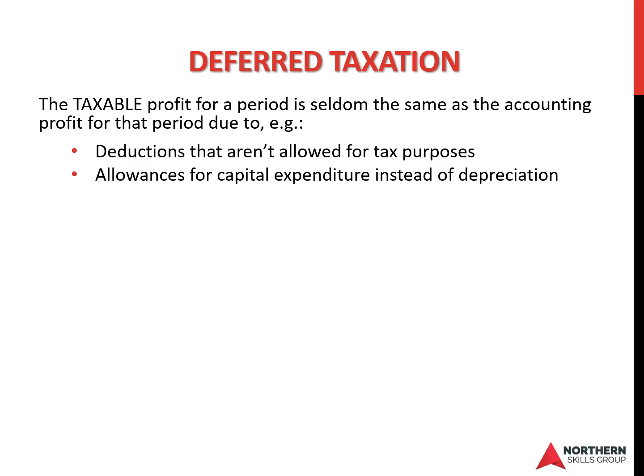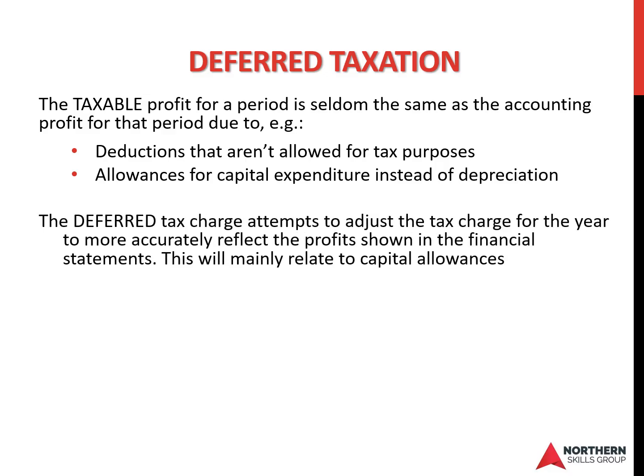And secondly, and most importantly, depreciation deductions aren't allowed for tax purposes, but instead we get allowances for capital expenditure. Those two items, together with others, will mean that the profit on which tax is calculated will nearly always be different to the profit shown in the profit and loss account.